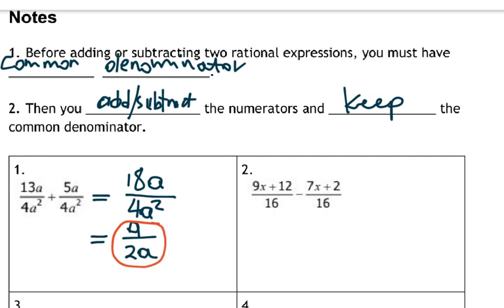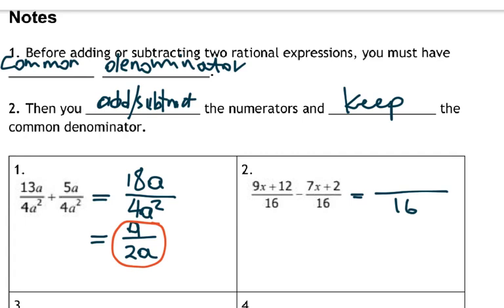Example 2 also has a common denominator of 16, and it's a subtraction problem, so we subtract rational expressions. So again, we're going to keep the common denominator and we are going to add numerators. All the expressions are numerators, so which means we're going to add or subtract, in our case subtract like terms.